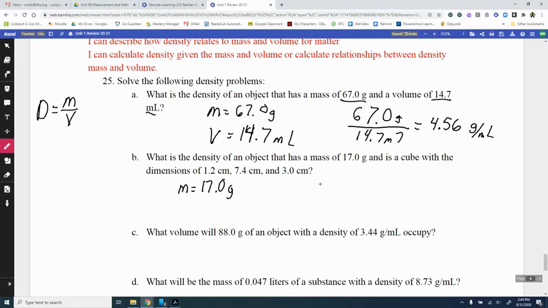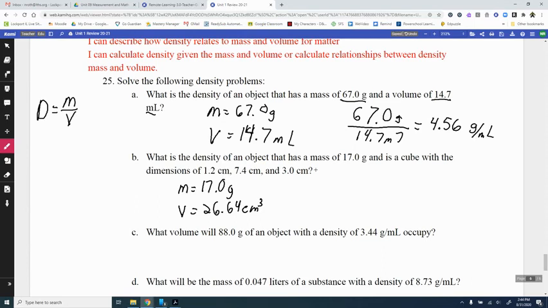If we do that, we get a volume of 26.64 centimeters cubed, since we're taking centimeters times centimeters times centimeters.